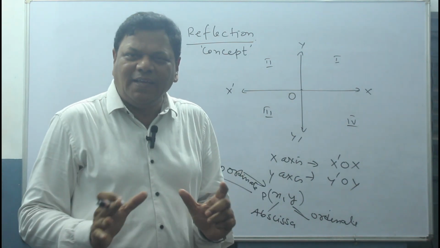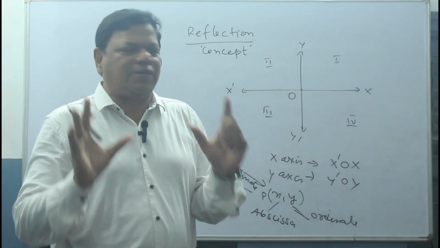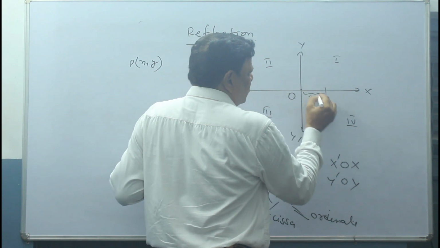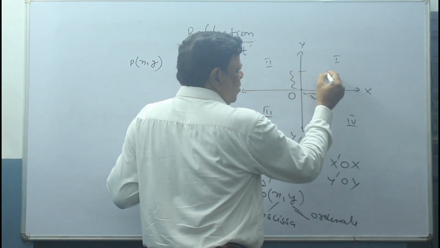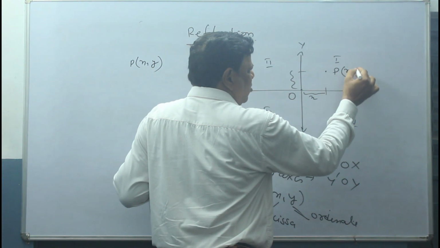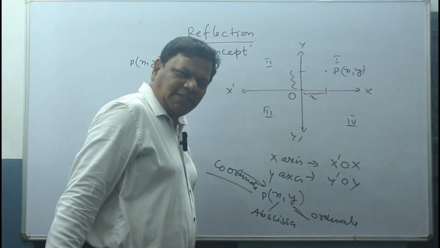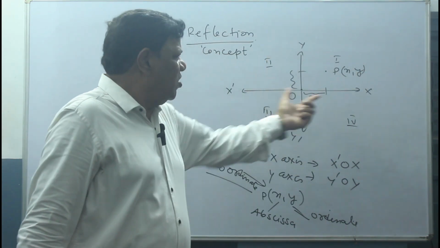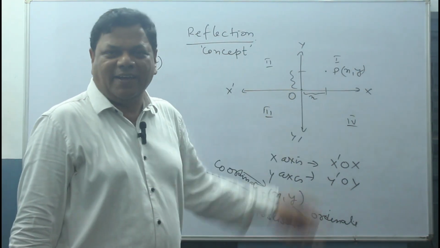Together, x and y, the two values, are called coordinates. This portion is called x and this portion is called y. So here is point P, that is called (x, y). Okay children, now this point may reflect with the x-axis or with the y-axis.